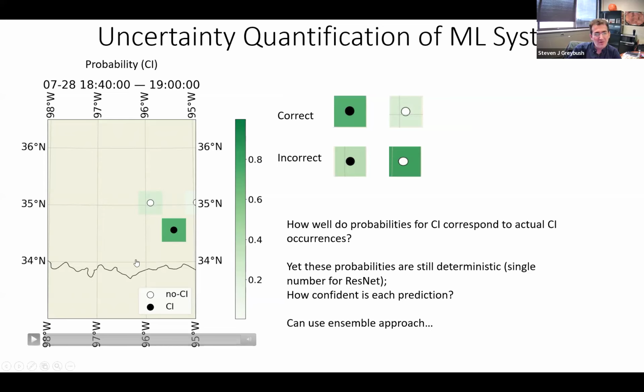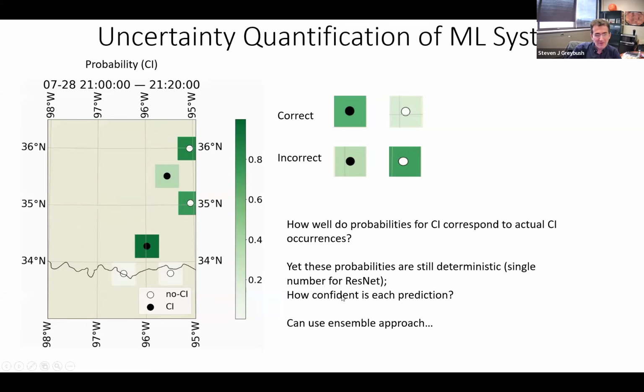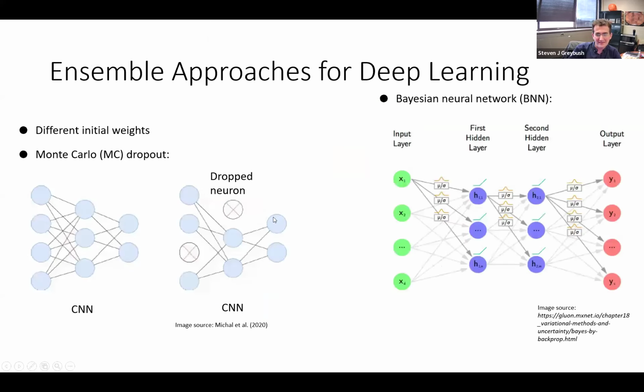And same thing, if you have a low probability of CI, many of those are also correct predictions. So you can look at a potential animation here, getting a sense that we should hopefully have more correct predictions. That is a dark green with a black dot, as well as a light green with a white dot. Okay, so this is giving some examples, but we want to be able to test this over many cases.